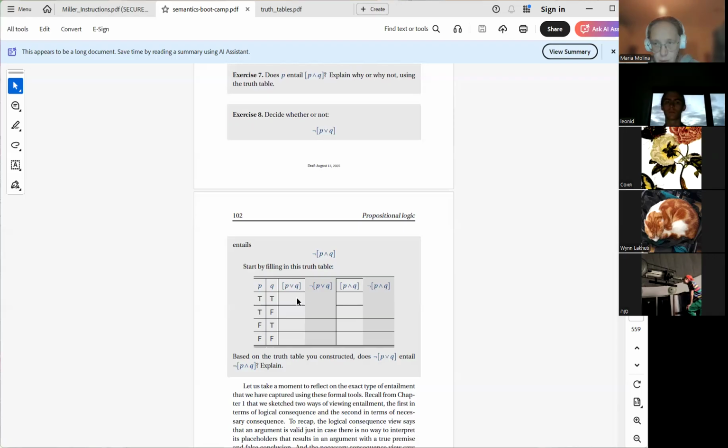No, it's false. It's a negation of something. If something is true, then negation of something is false, right? So if P or Q is true, negation of P or Q gives us false. Am I correct?